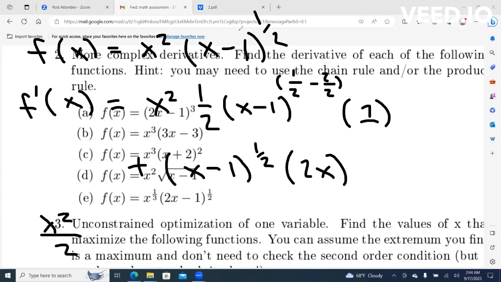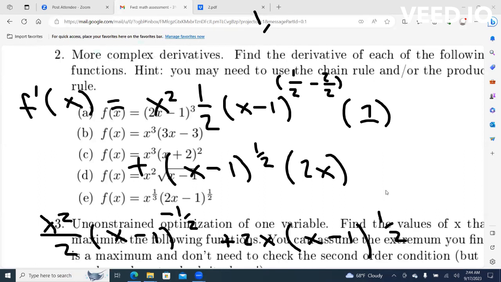What do we have there if we clean that up a little bit? We have 1/2 x squared, x minus 1 to the negative 1/2, plus 2x, x minus 1 to the 1/2. So we put things over 1. If we want to bring something to the bottom of the function, we should be able to skip that.